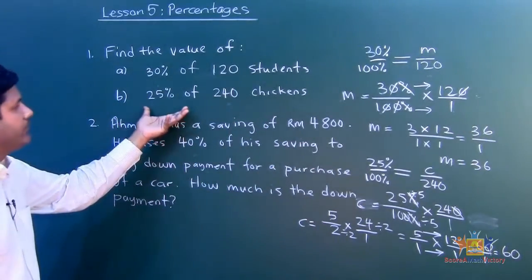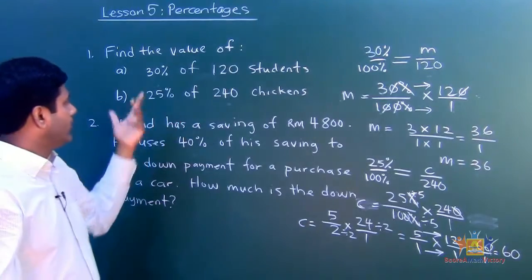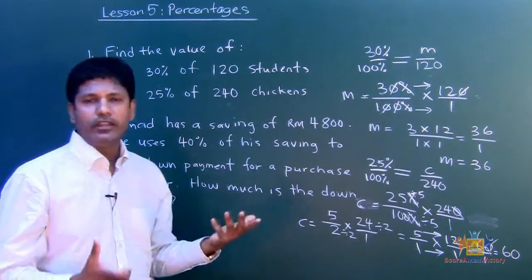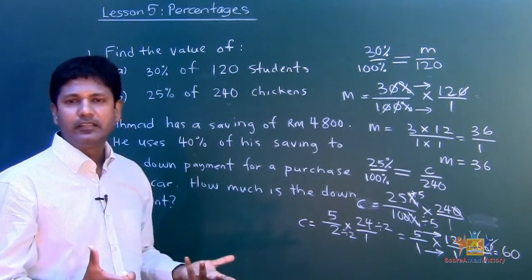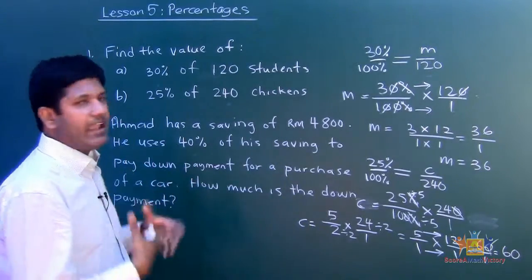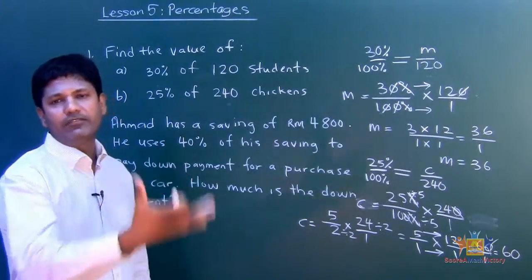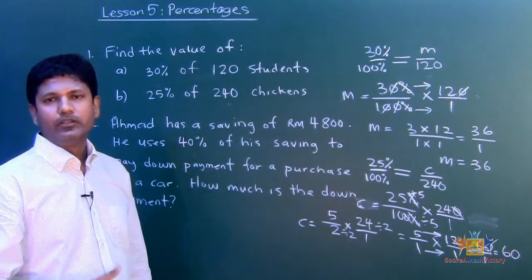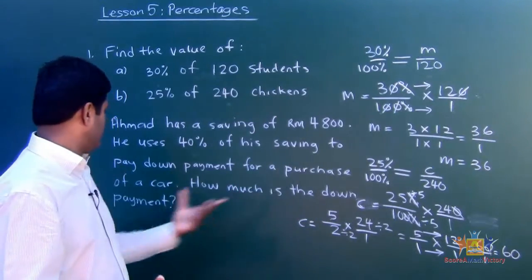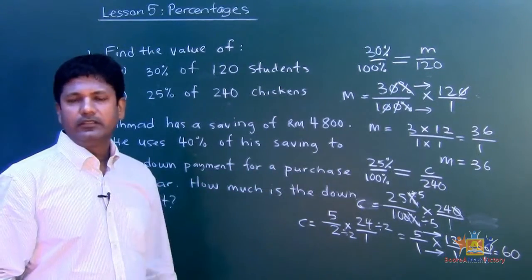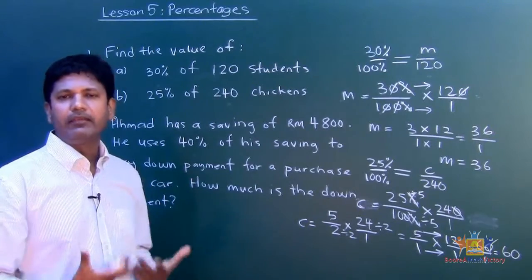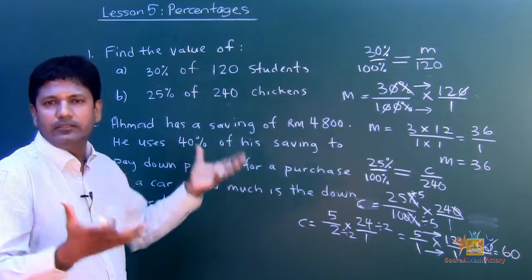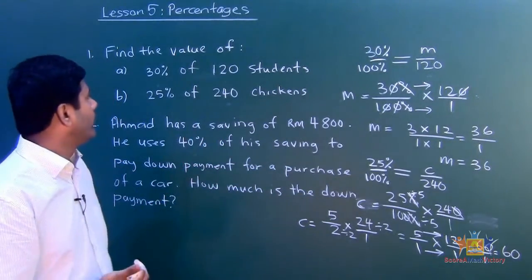Like this one, I can do the same thing too. A farmer who has 240 chickens gave me 25% of the chickens. How many chickens am I taking with me? See that? I elaborated that.